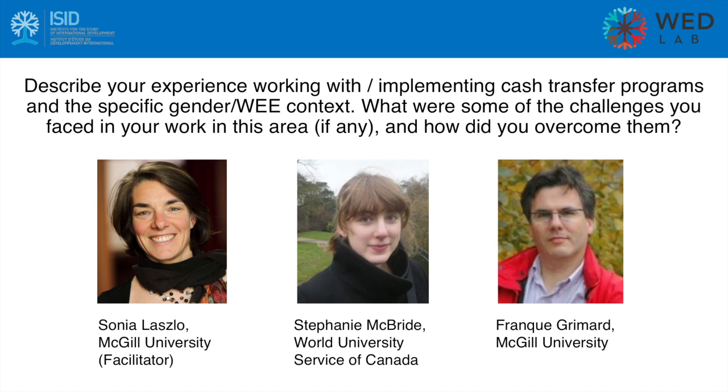Clear communication, and I think a lot of studies of cash transfer programs I've read have shown this finding as well. It's very difficult to explain why you are doing what you are doing as the organization that's distributing a cash transfer. Why is this family selected but not that family?